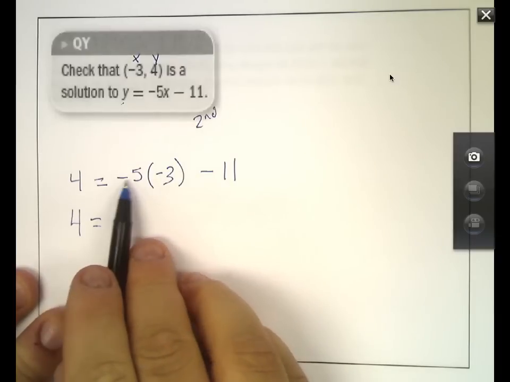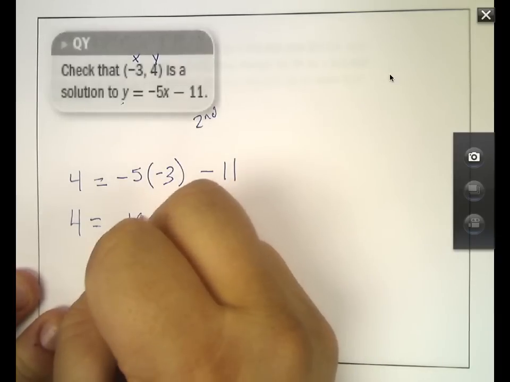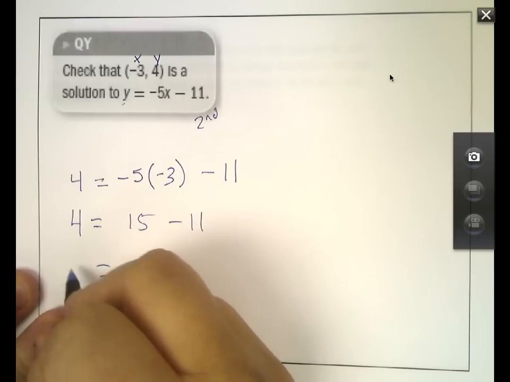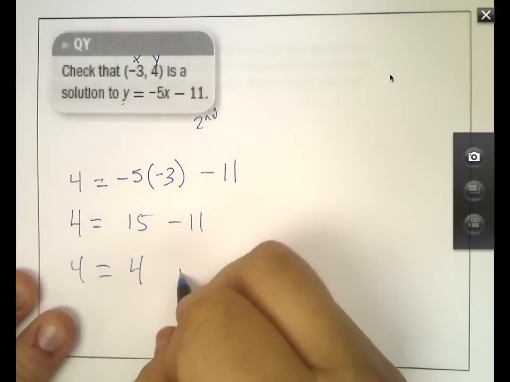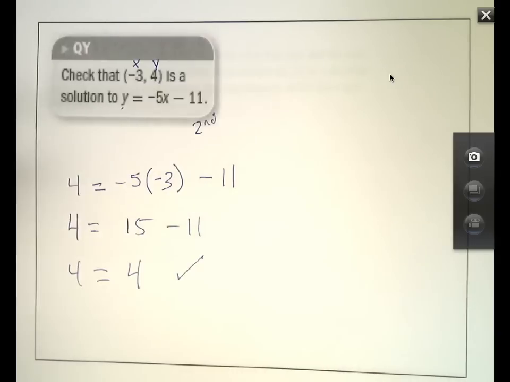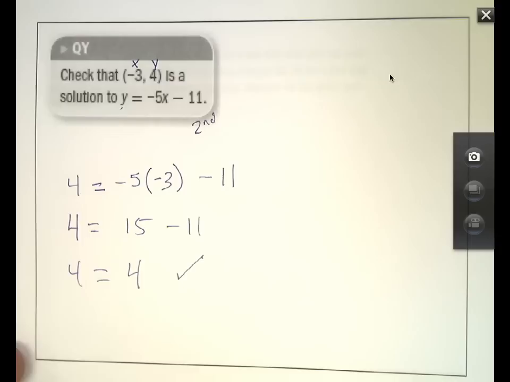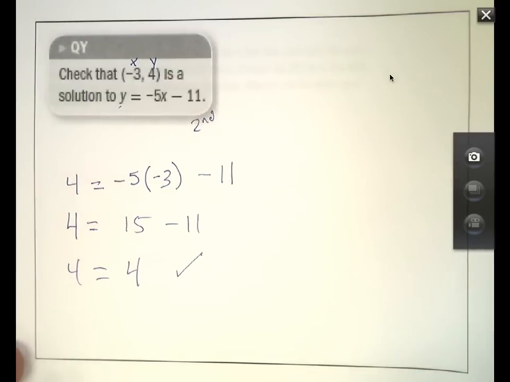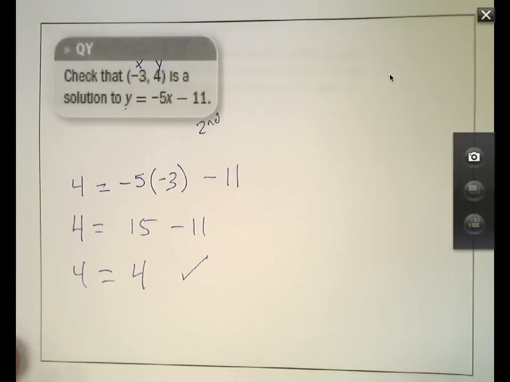Well, negative 5 times negative 3 is a positive 15. Minus 11, does 4 equal 4? Yes. So now you can see that no matter which equation you use, whatever you put in for your x, you're going to get out your y value. So it does not matter which equation you use. I just used the top one in that case.